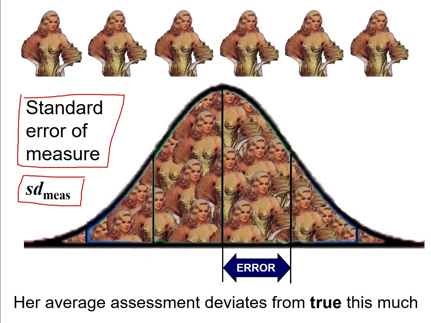Now, it's a little bit confusing because we have several terms that I'm going to use throughout this unit that will all begin with the words standard error of. We've already talked about the standard error of estimate, and now we're talking about the standard error of measure. And later we're going to talk about something I will call the standard error of different statistics.